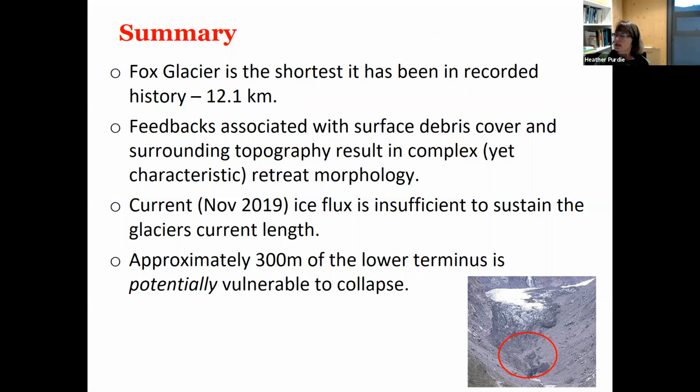We've got a number of really interesting feedbacks related to the changes, particularly in surface debris cover from slope processes and ablation processes, that make our terminus, when it's retreating, very complex. Our current ice isn't sufficient to sustain the length, and so from our measurements we would predict that the very lower 300 meters of the glacier is likely to collapse, as it's not being sustained.